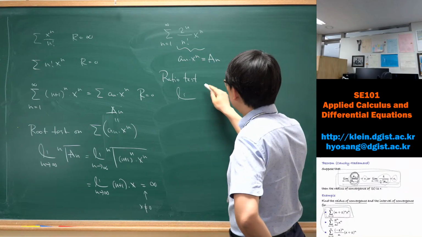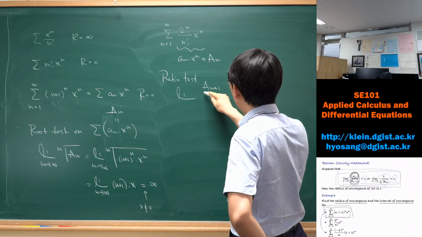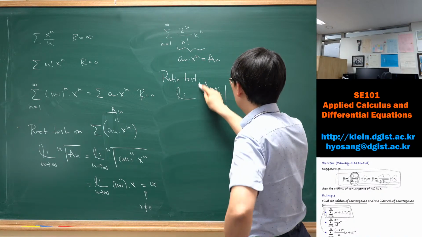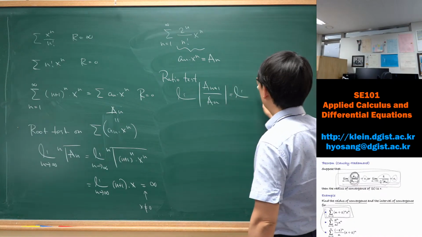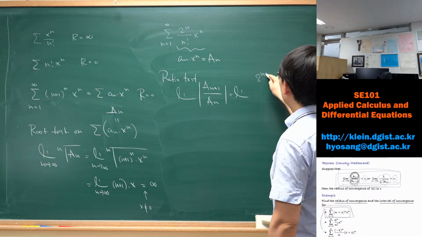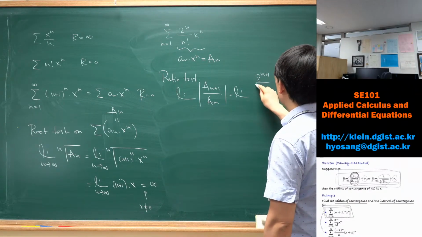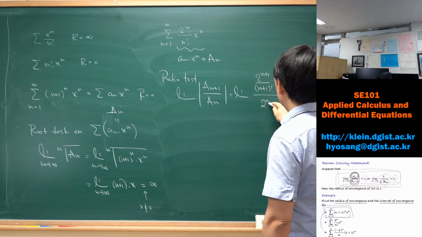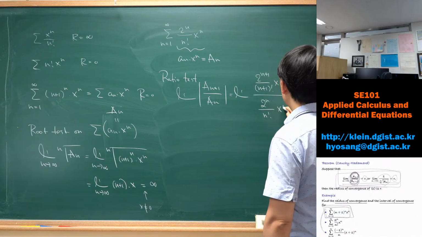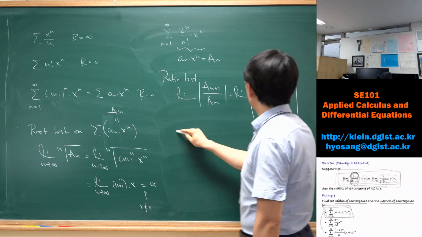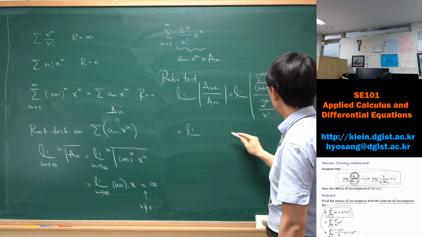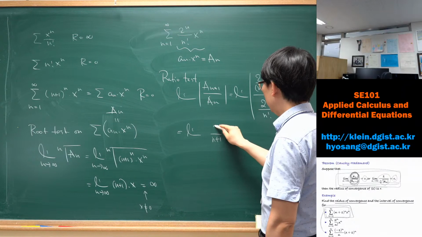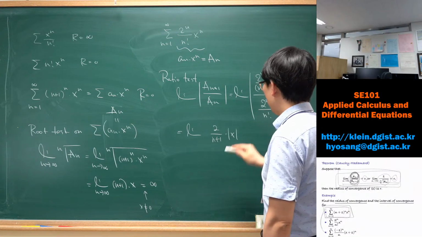So the limit of an plus 1 over an. Here we have 2 to the n plus 1, (n plus 1) factorial, x to the n plus 1, over 2 to the n, n factorial, x to the n. And here we have 2 times (n plus 1) times the absolute value of x.